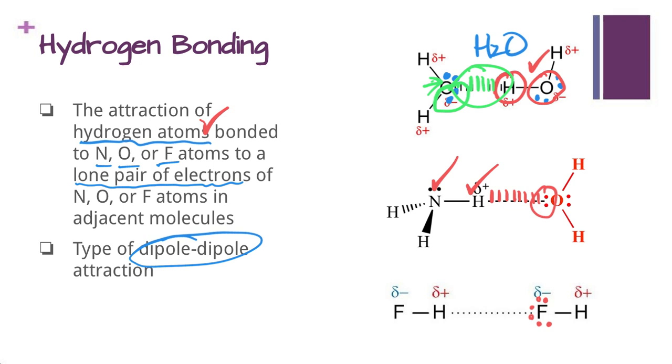So again, our definition: hydrogen attached to a fluorine, and it's attracted to a lone pair of electrons on another fluorine atom. Okay, so what you're looking for is that hydrogen attached to one of these three elements, and you're looking for the attraction to a lone pair of electrons on one of those three atoms, again in an adjacent molecule. So those are the three types of intermolecular forces.